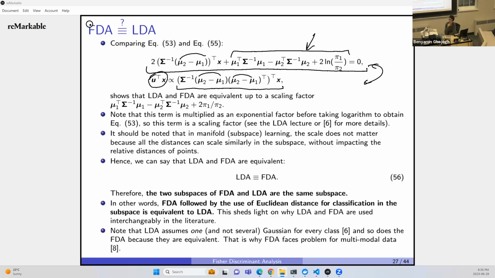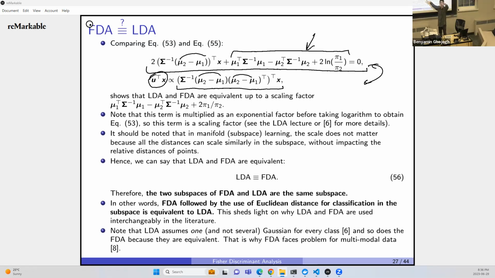Okay. But what is this? This is the projected data in FDA, right? Therefore, listen to this golden sentence. In FDA, if you project data in the Fisher discriminant analysis subspace and then use the distance from the means of the projected classes for classification in the projected space, it is equivalent to using LDA in the input space.